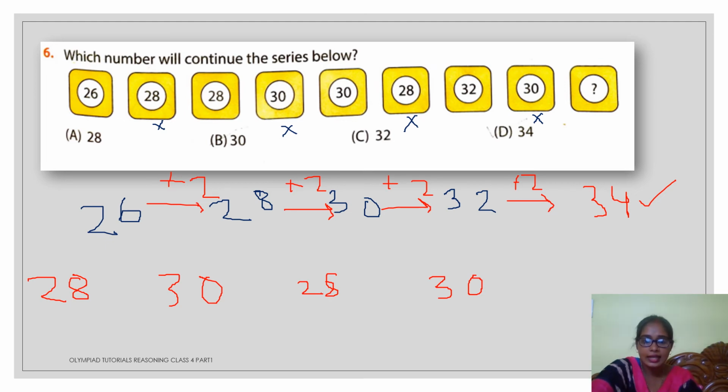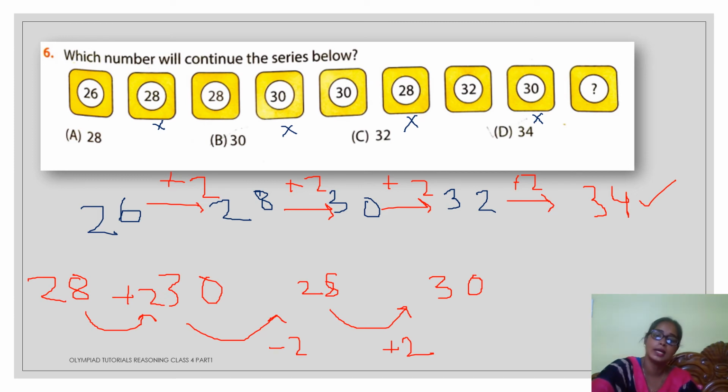Let's see whether this series is proper or not. Here 28 to 30 you have plus 2. Again here you have 30 to 28, which means minus 2. Again you have plus 2. So for the skipped numbers you have the series of plus 2, minus 2. In this way this series is going to continue.